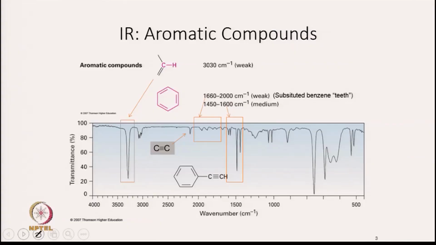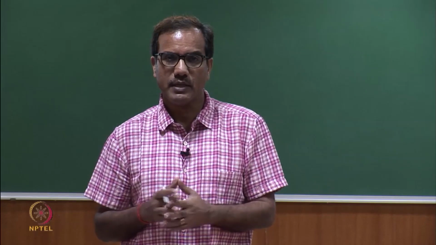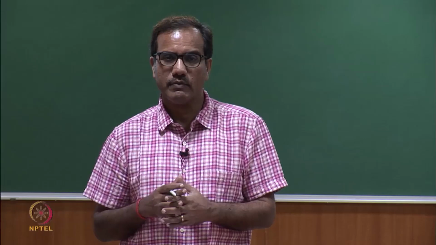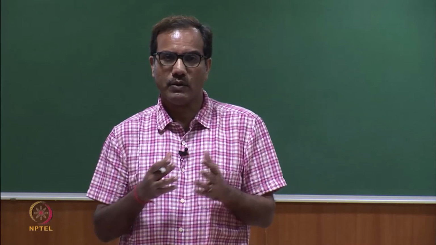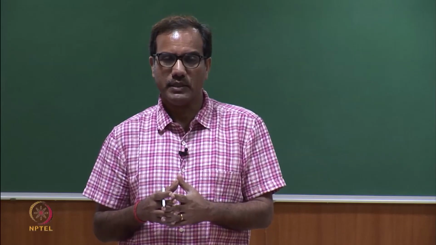Aromatic compounds have a benzene ring, and the benzene ring has some characteristic features which you can see in the IR spectra, and so to know whether the molecule has a benzene ring or not, IR can be utilized.